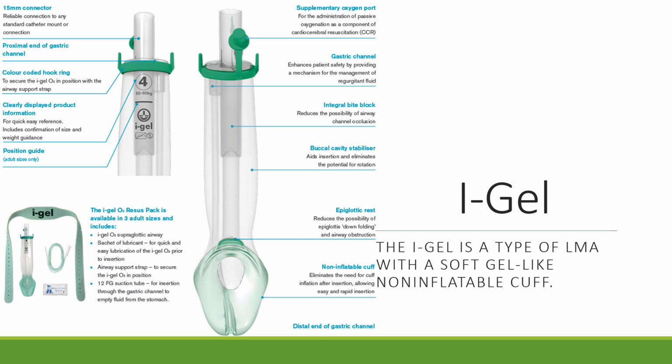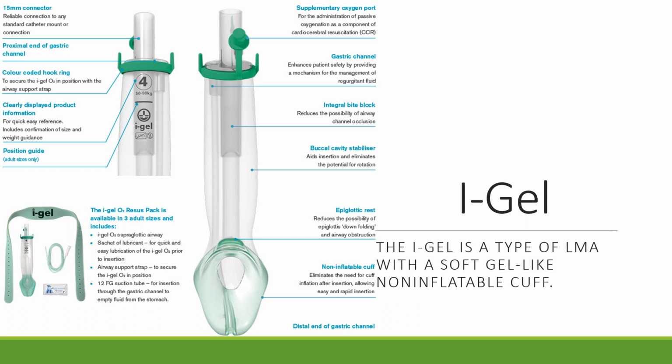A nice thing about the iGel is that the pressures don't change, and the gel-like substance around the mask portion on the lower part warms up and creates a seal when exposed to body temperature.